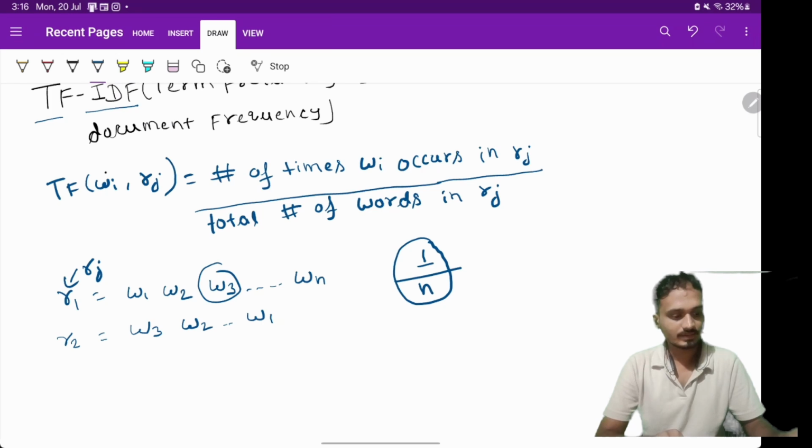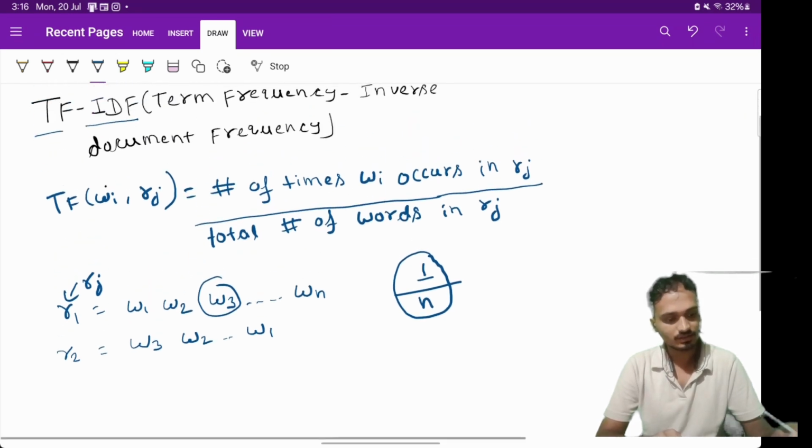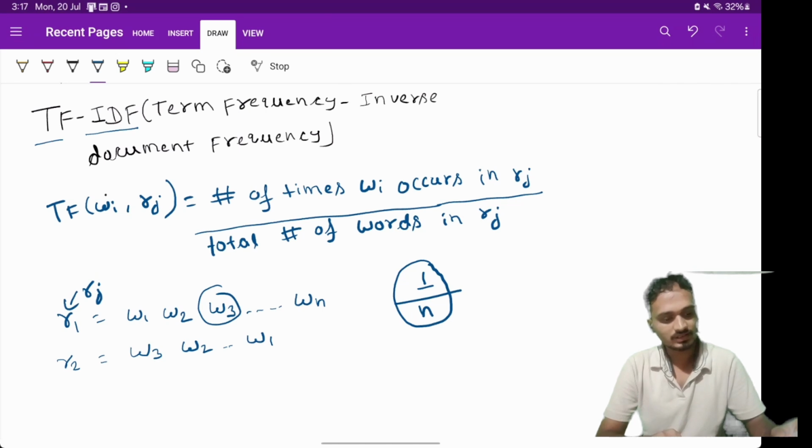It will make sense, actually you can connect it. What does it focus on? It focuses on how much importance a particular word has in this review.